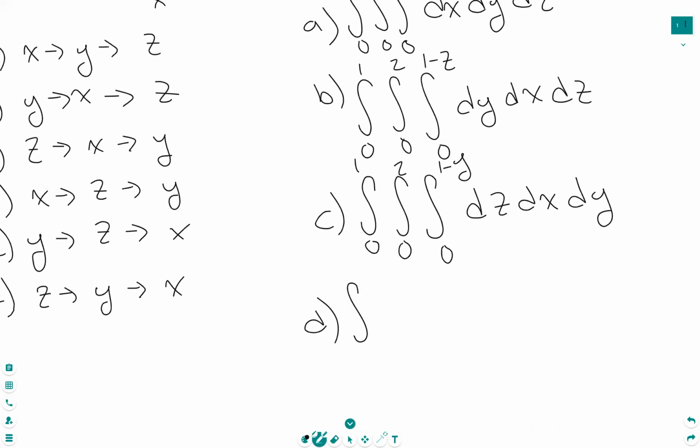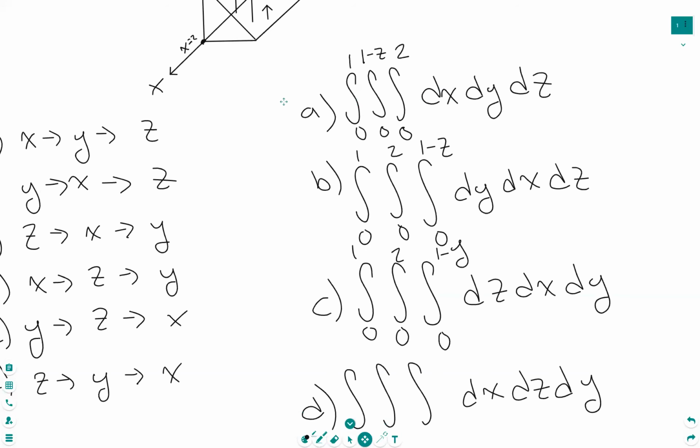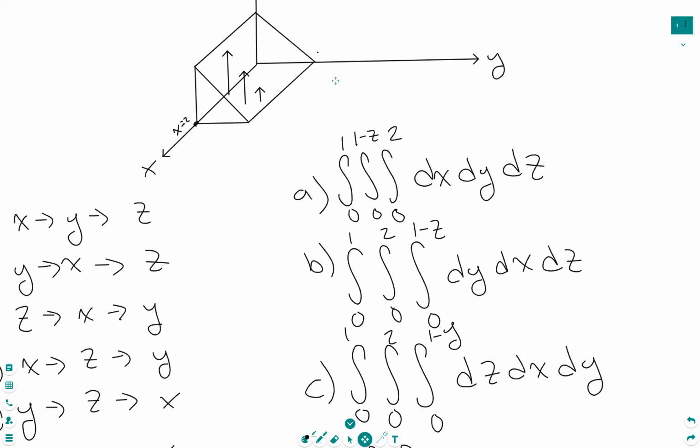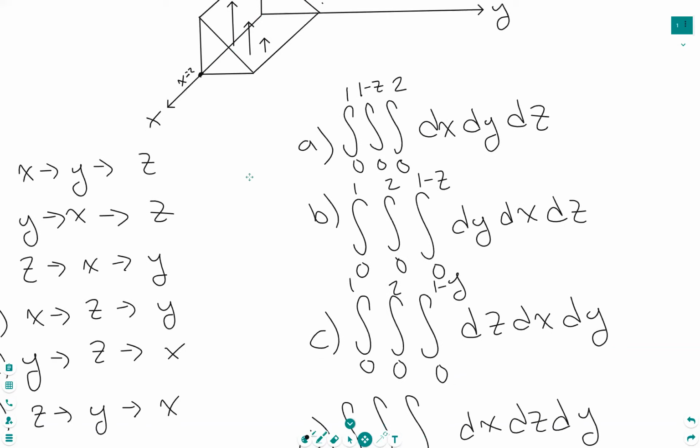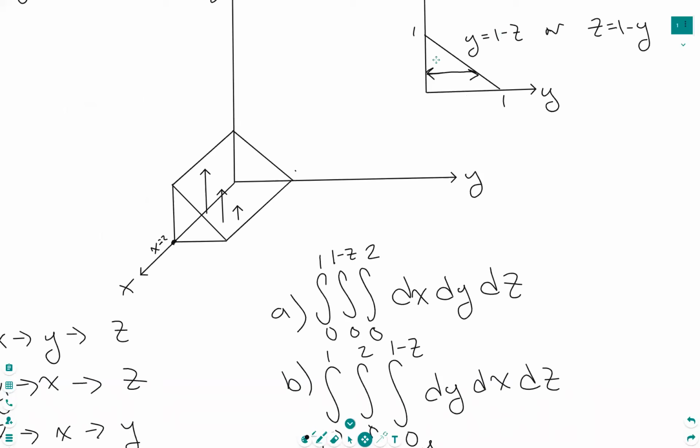Okay, so D, which was x, z, y. So now we're doing the dx again first. And we saw, just like A here, that the functions x equals 0 and x equals 2 are the bounds for this. So we go from 0 to 2. And then we look at the projection on the zy plane, which again is this triangle.